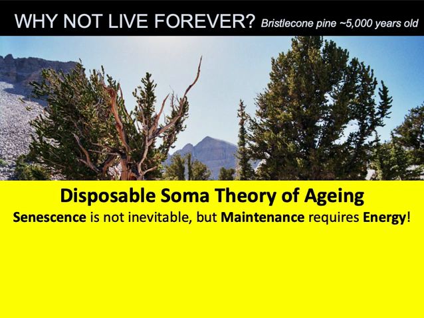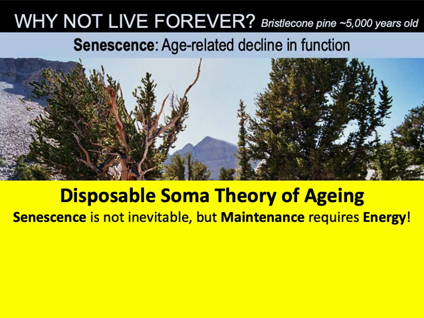Well, one theory of aging is called the disposable soma theory of aging. And so the idea is that senescence, which is just the process of deterioration with age, is not necessarily inevitable, but that maintaining your life and your body and your physiology requires energy. And so, as I mentioned, senescence is just age-related decline in function.